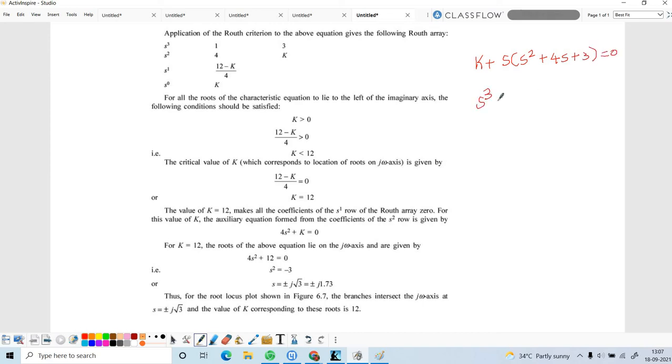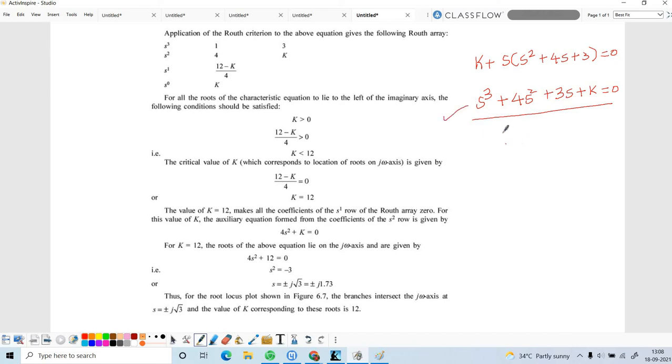So s cube plus 4s square plus 3s plus k equal to 0. Here my aim is to find the value of k and also the crossing point of the root locus in the imaginary axis.